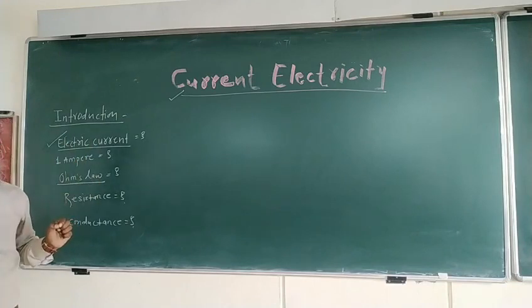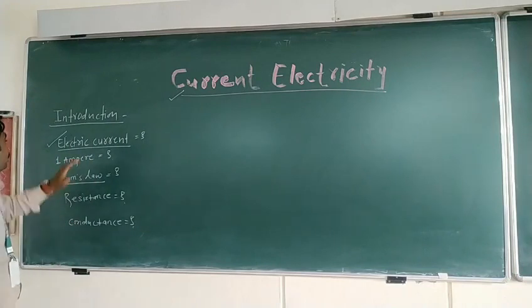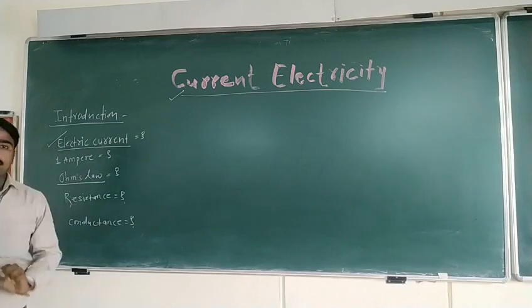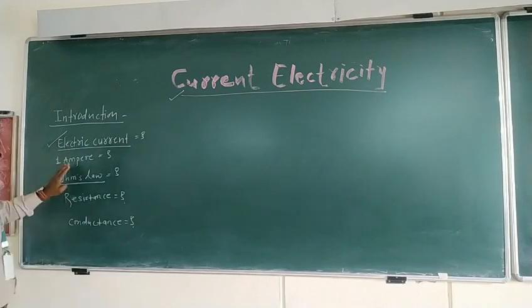Electric current is defined as the rate of flow of charges through the area of a conductor. Electric current is measured in ampere. The SI unit of current is ampere. Now we define 1 ampere, right?